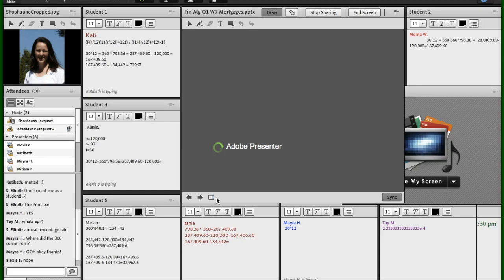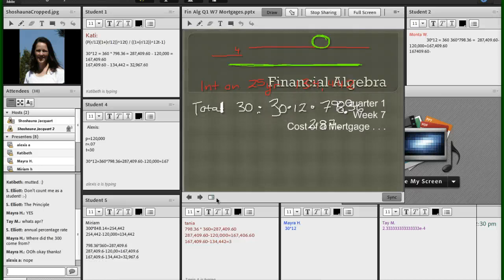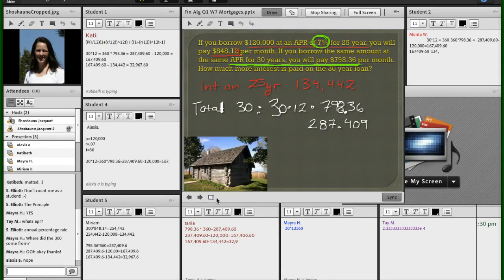So then our total is $287,409.60. And when we're talking money, we should always include an extra zero, even though our calculators won't show it. Put that extra zero because we're talking money.